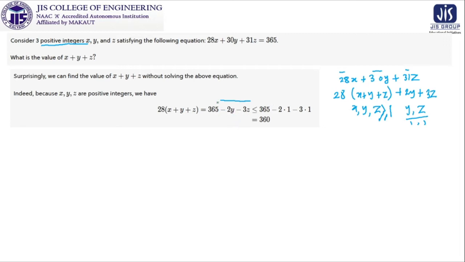So the equation becomes 28 times x plus y plus z is less than or equal to 360.